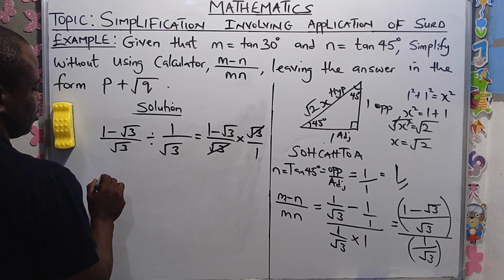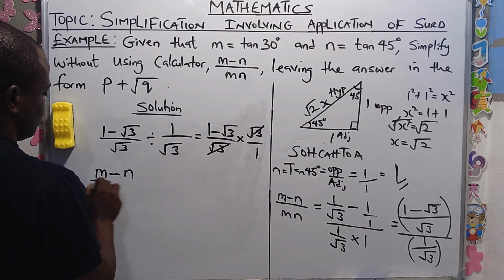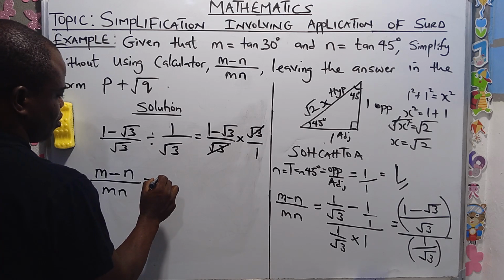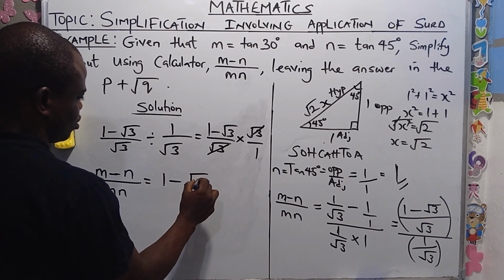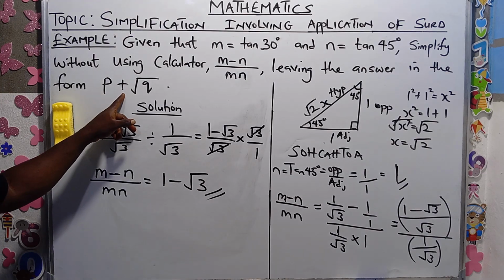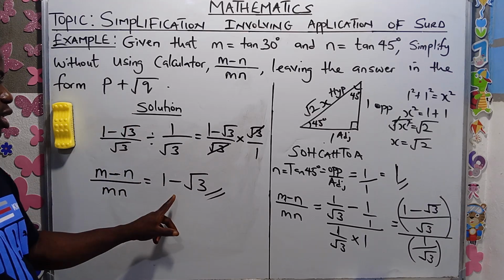Now (m minus n) over mn equals 1 minus root 3. It's now in the form p plus root q. The sign might not be positive, it might be negative.